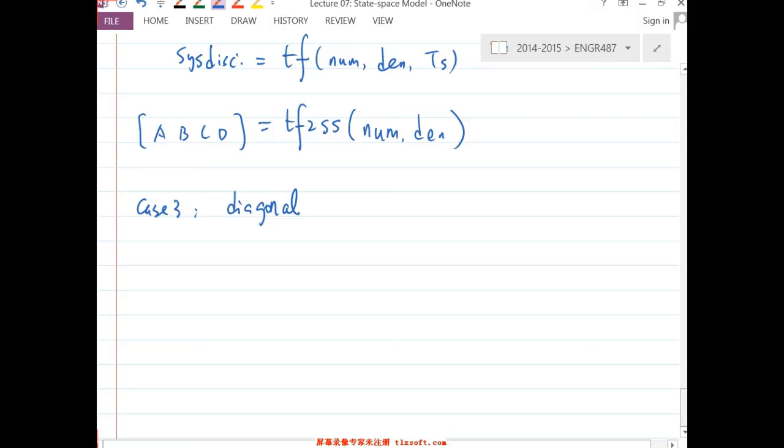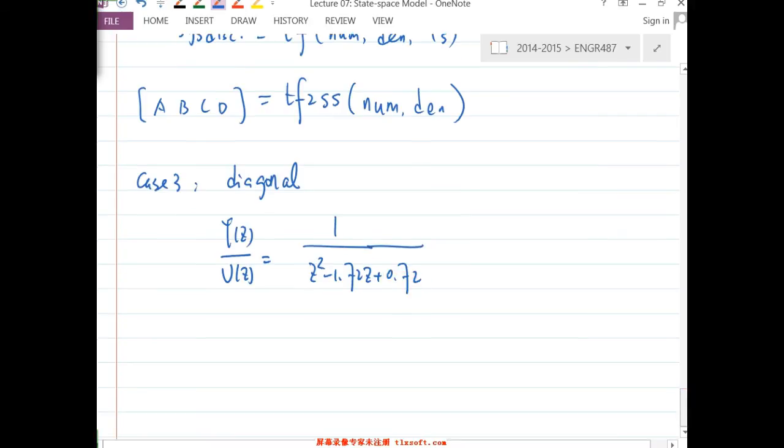Y of z over U of z equals 1 over this guy. And you can easily decompose this. You'll see that it has two roots.